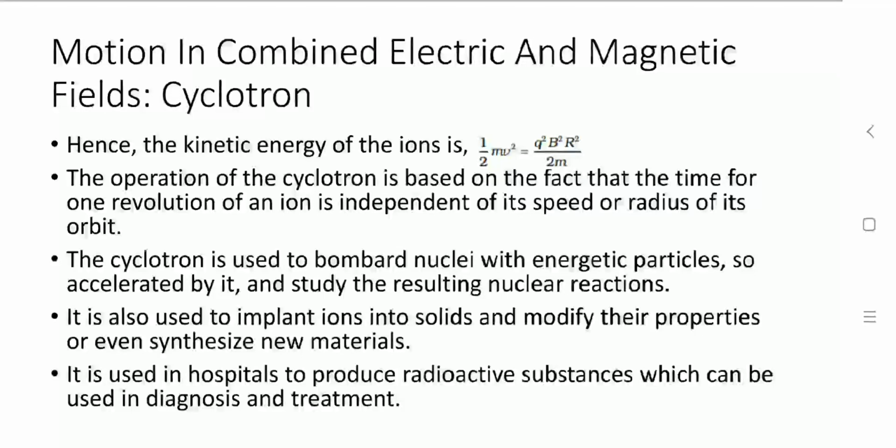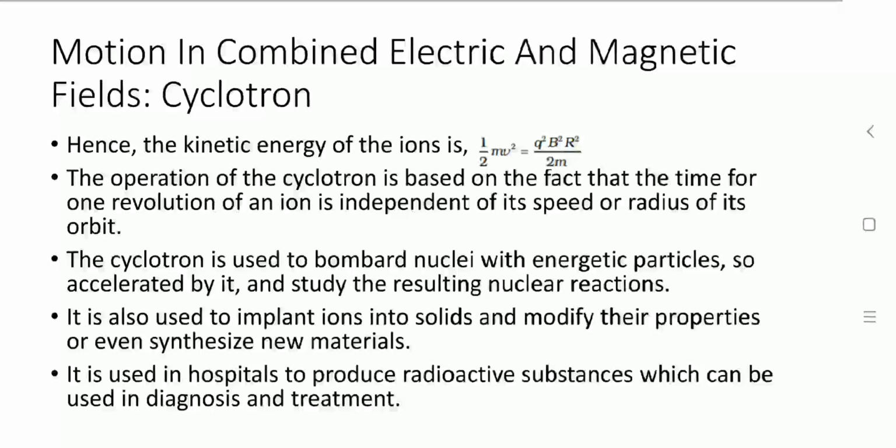So the final velocity of the proton is v equals R into 2 pi v. R is given as 60 centimeters, converted into meters, 0.6 meter. 2 pi is 6.3, v is 10 raised to 7, so that would be 3.78 into 10 raised to 7 meters per second. So its kinetic energy E equals 1/2 m v squared.